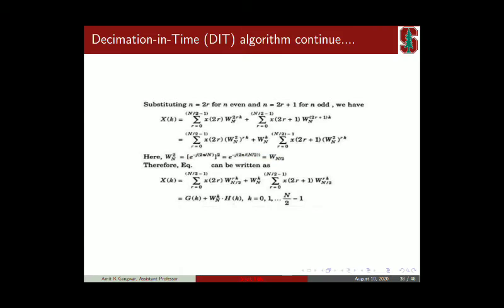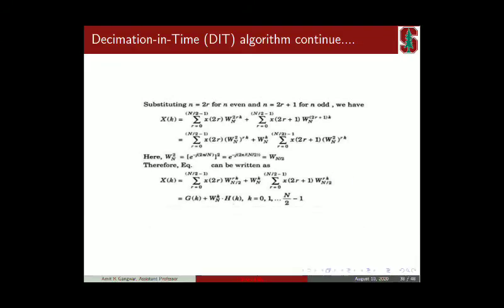Now we call this expression G_k, and we take W_N^k common from this expression, because you can see e to the power minus j 2 pi N. From here you can take W_N^k common, then it is W_N^k times this G_k, and this other expression is H_k.